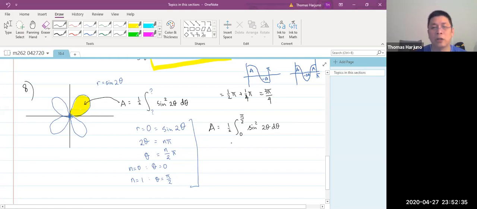Okay, now how do we integrate that further? I use the double angle formula. It's (1 minus cosine 4 theta) over 2 d theta.